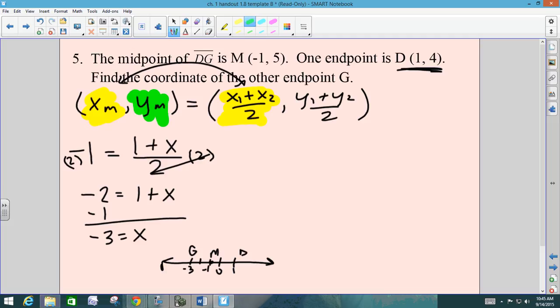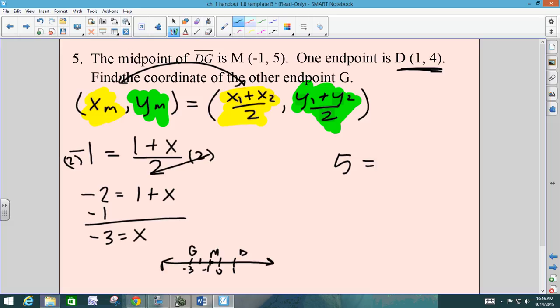YM, the Y value of my midpoint, should match what this is. Those should be equivalent. What is the Y value of my midpoint? What's the midpoint, or what's the Y value of my midpoint? 5, good.